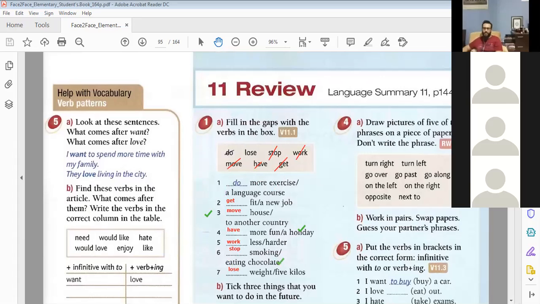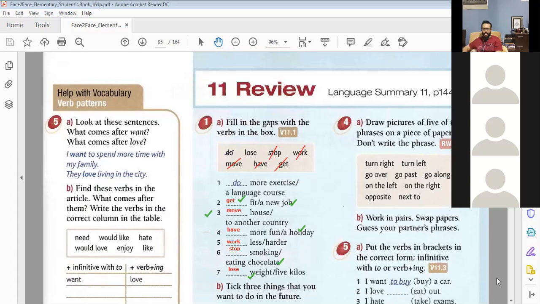What about you, Rashid? Which of these things would you like to do in the future? Get fit. Get a new job. Lose weight.